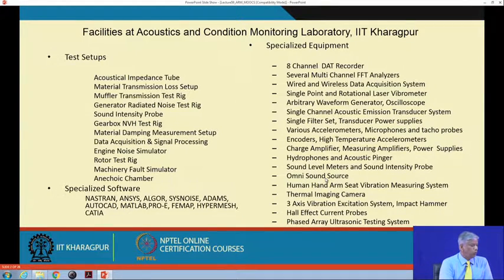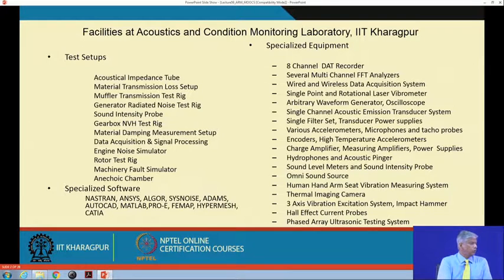We have an omni sound source. We do a lot of human hand-arm and seat vibration measurements. We have systems for that, thermal imaging camera, 3-axis vibration exciter system, modal exciters, impact hammers, Hall effect current probes, phased array ultrasonic testing systems, and a lot more.